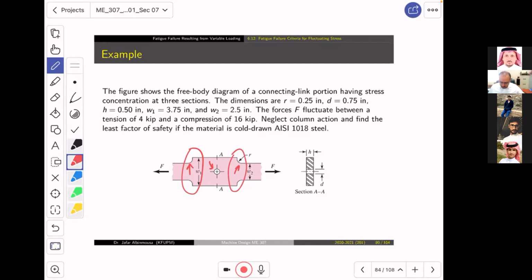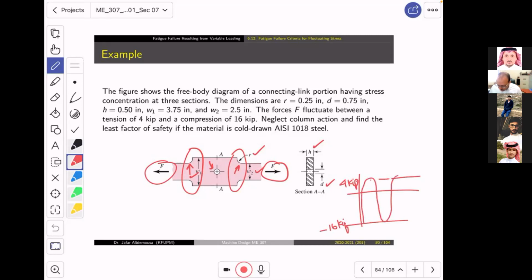The dimensions are given. R is given to us, W2, W1, the diameter of the hole, and H, which is the thickness. Now, what we know is that there are fluctuating loads between 4 kilopound and a compression of 16 kilopound. So we have a load going like this: this is 4 kilopound, and this is minus 16 kilopound, and the load is fluctuating in between.